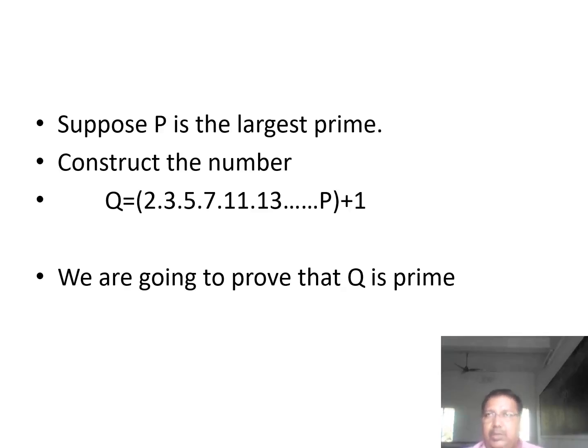We are going to prove that capital Q is also a prime number. Then definitely this is a number greater than P, and hence the result follows. So this is the idea we are going to use in this method.